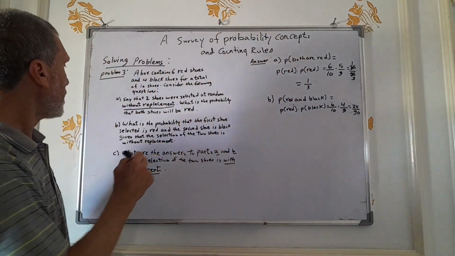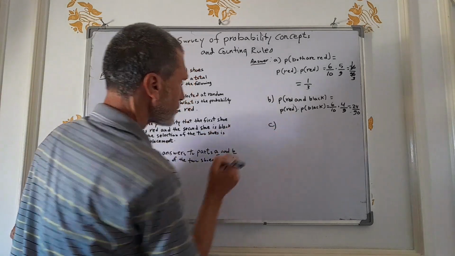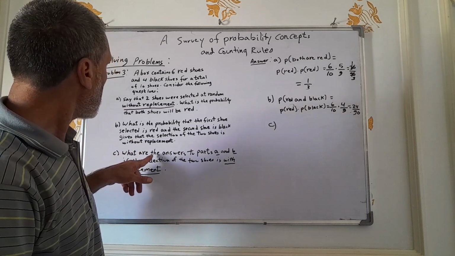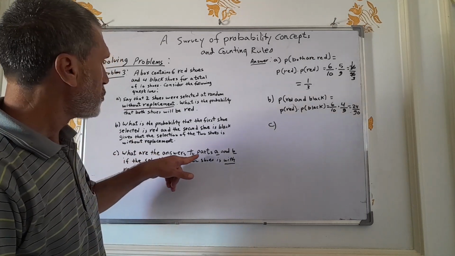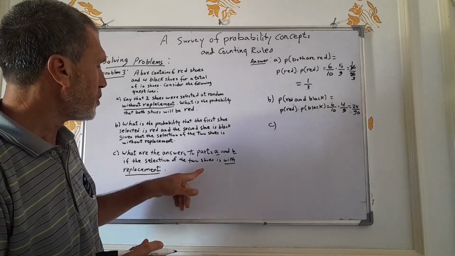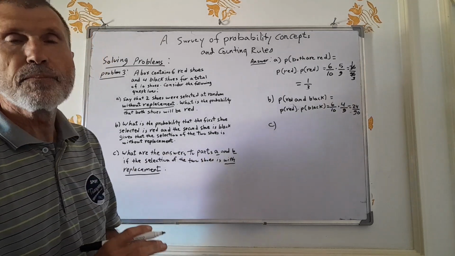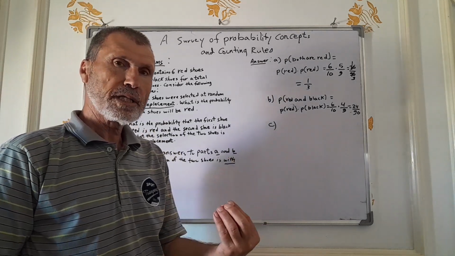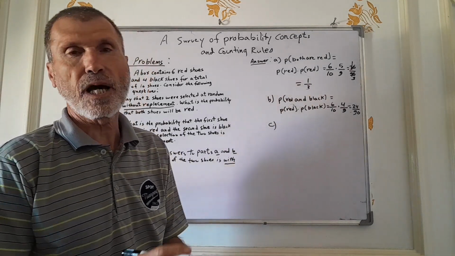Now, part C says, what are the answers to parts A and B if the selection of the two shoes is with replacement? That is, you select a shoe, you look at it, and then you return it back to the box.